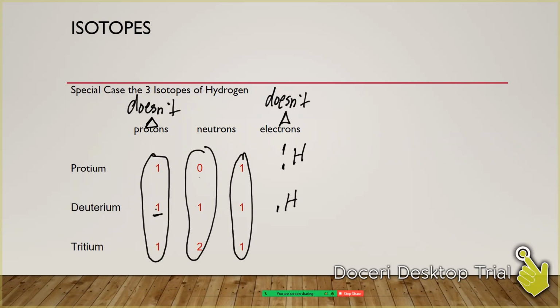But now my mass number is 1 plus 1. So that becomes 2. And then tritium, H, 1. And now 1 plus 2 would give me 3. So those are the 3 different isotopes of hydrogen. The mass number is changing because the neutrons are changing, not because the protons or the electrons are changing.